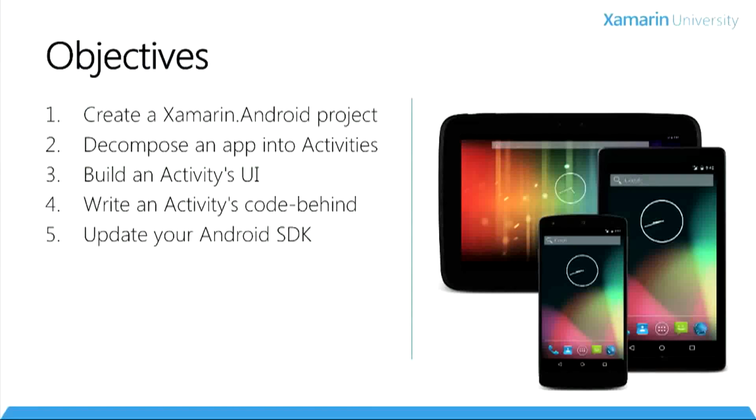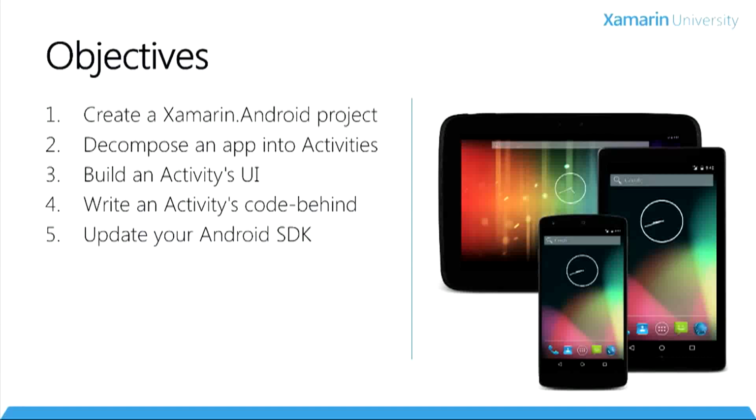Our main goal today is to build a Xamarin.Android application. We're going to code both the user interface and some code behind. So for example, we might have a button in our user interface, and then we'll have some code that subscribes to the button's click event and reacts at runtime when the user touches that button. We're also going to discuss some theory.